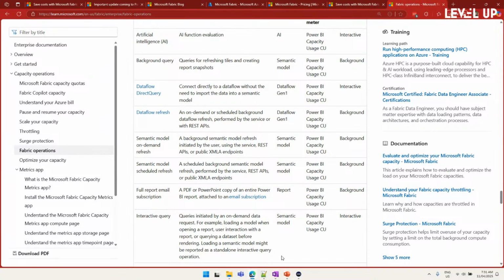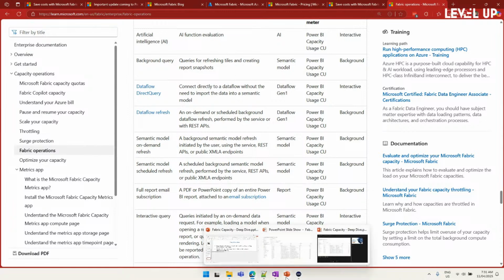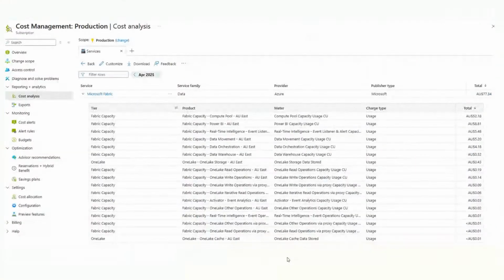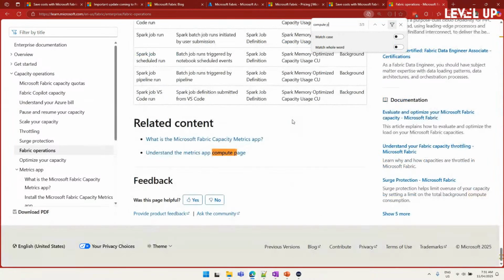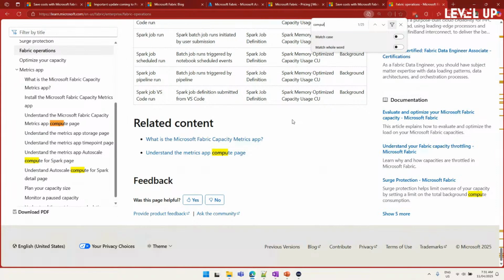And let's do one more example so we feel a little bit more comfortable with this section. Let's pick one that we're using a lot. Let's see, compute pool capacity usage. We're not going to be able to find that one in here.